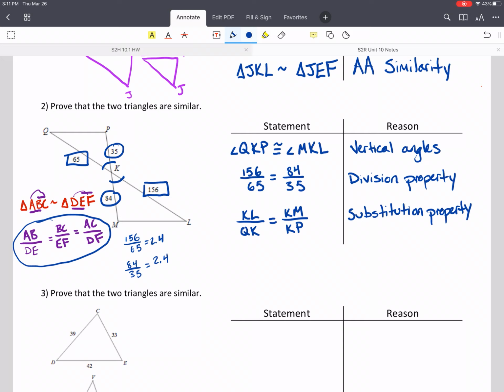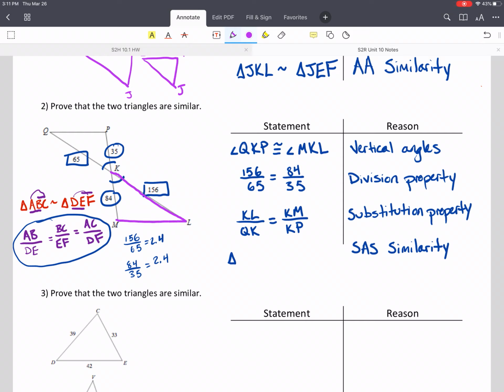So here's what I know. Which similarity theorem did we use here? I have an angle between two sides, so that is side angle side similarity. And so now we just have to line up the corresponding sides and angles. So I'm going to start here at K, down the long side.